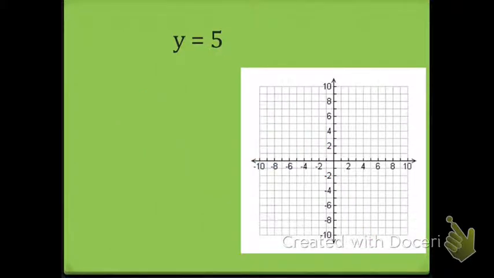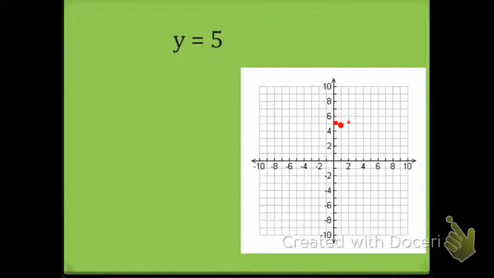This one is rather unique. There is no slope showing, and so a lot of times you just memorize which way it goes, but basically the y-intercept is 5, and no matter what your x is, the y will always be 5.